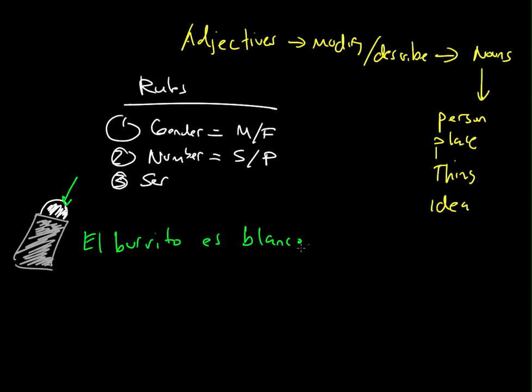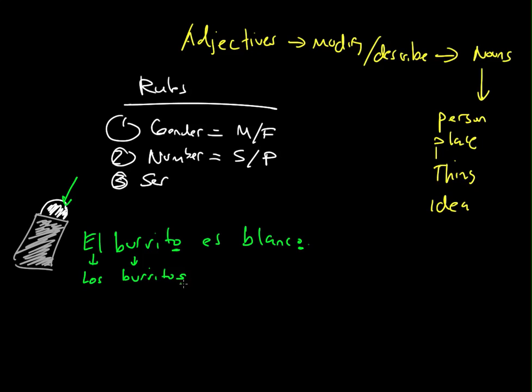blanco. Okay, so blanco ends in an O because burrito ends in an O, and so they are both singular. So now we have agreement. Now we're going to make this sentence plural. So el is going to become los. Burrito is going to become burritos.